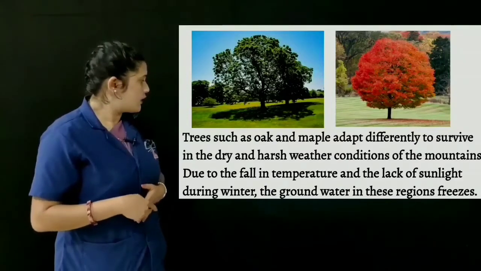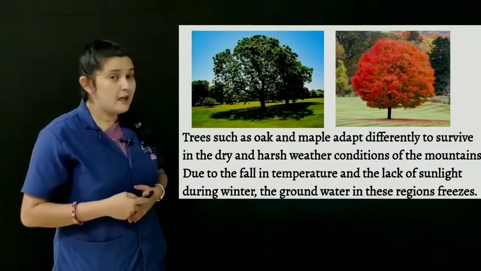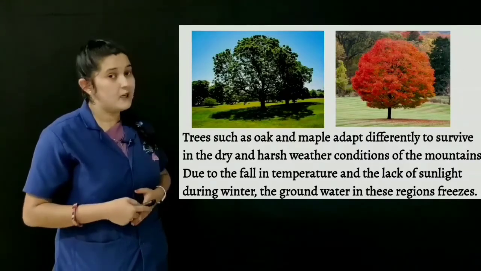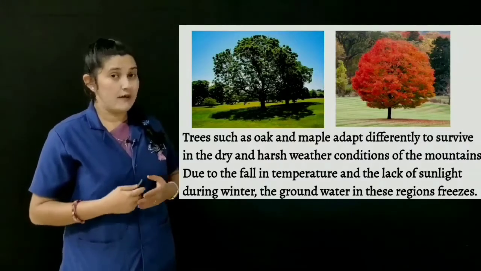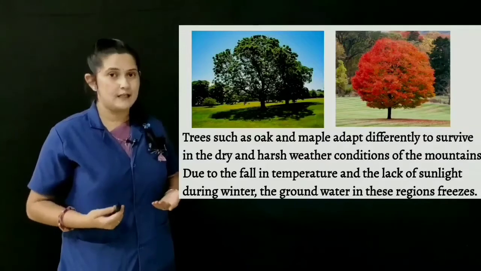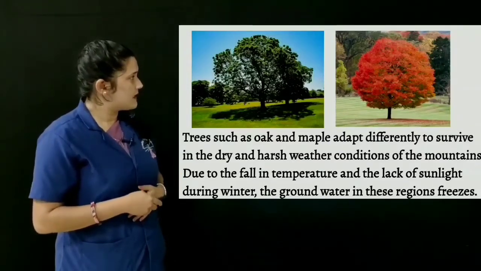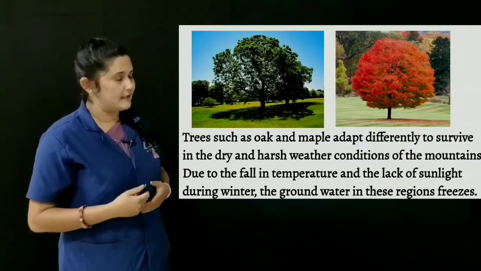Hence, in order to conserve water, these trees shed their leaves in winter, which enables them to survive in the cold weather. Here in this picture, you can see how the leaves are shed.